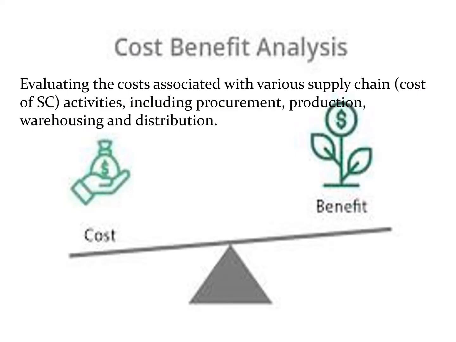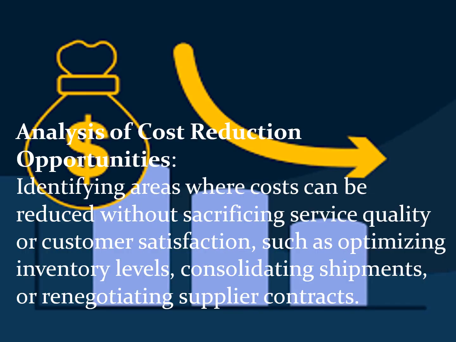In cost benefit analysis, they evaluate the costs associated with various supply chain activities, including procurement, production, warehousing, and distribution. While they're doing an analysis of supply chain management, they also look for the cost reduction opportunities, and they identify areas where cost can be reduced without sacrificing service quality or customer satisfaction, such as optimizing inventory levels, consolidating shipments, or renegotiating suppliers' contracts.